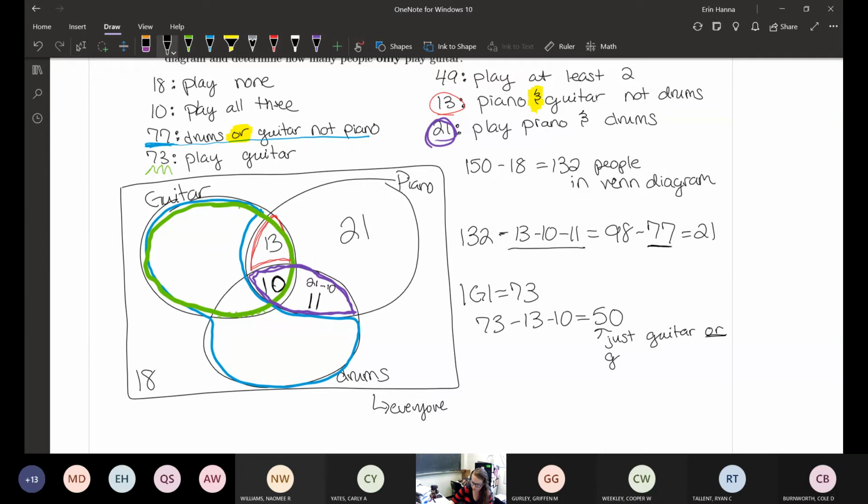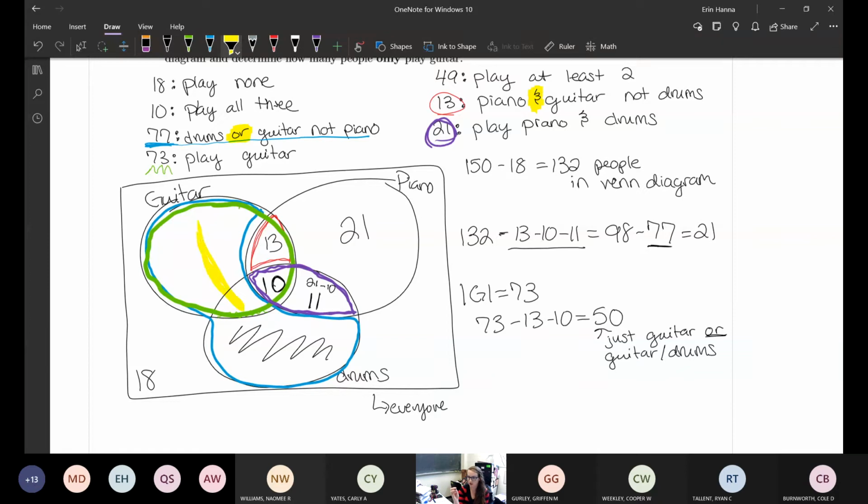Or guitar and drums, right? So there's 50 people who play only guitar or guitar and drums. I know this is a lot of math. So if I want to figure out how many people are only in drums, I know how many people are in all of the piano pieces, and we just found out how many people are in either of these two.